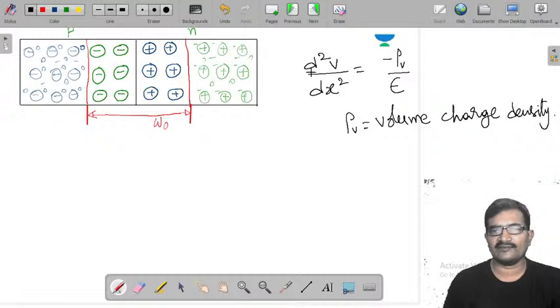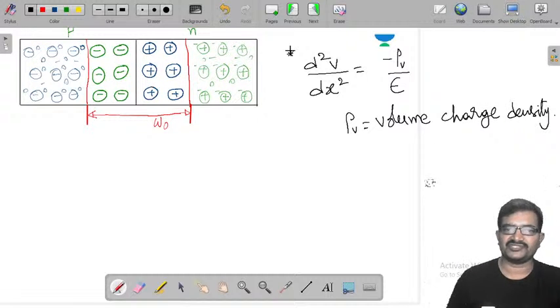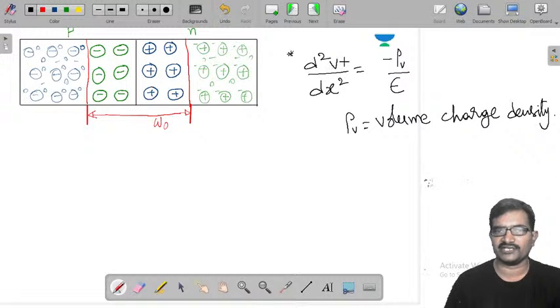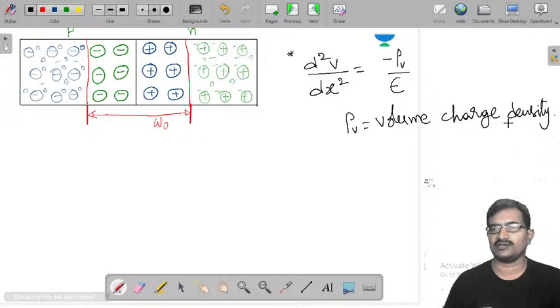The purpose of Poisson's equation is to know the change in potential with respect to distance in a material or in a medium. That is the intention to use Poisson's law here. And this is the volume charge density.